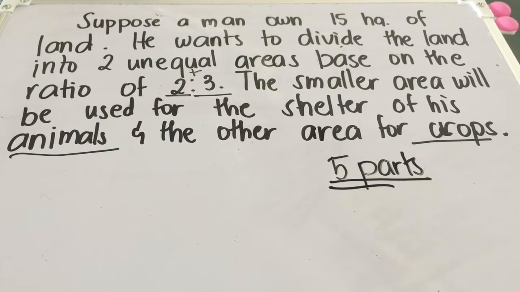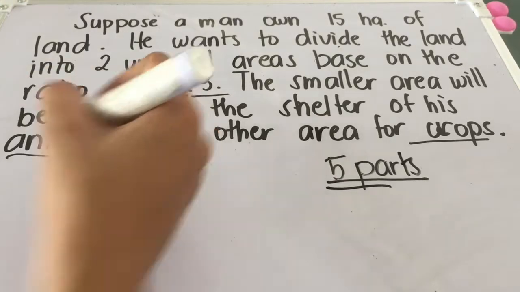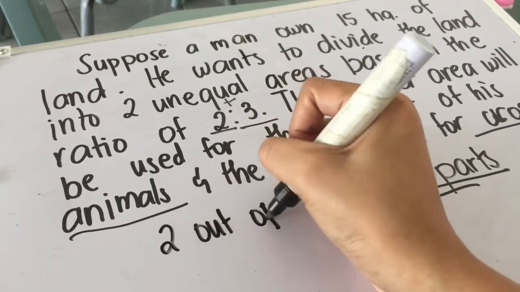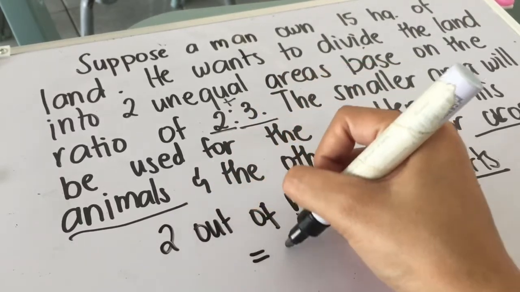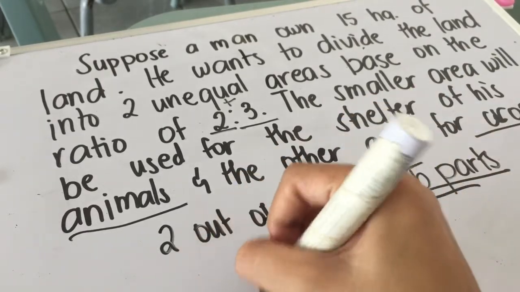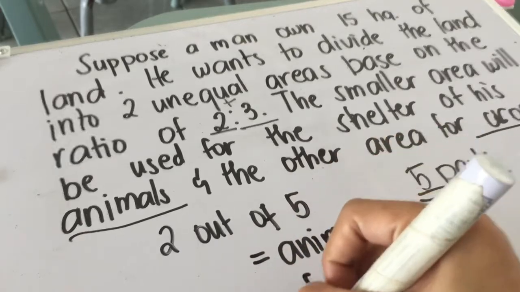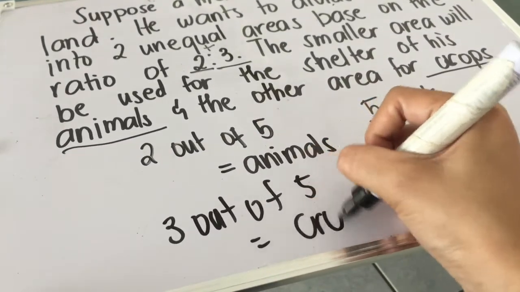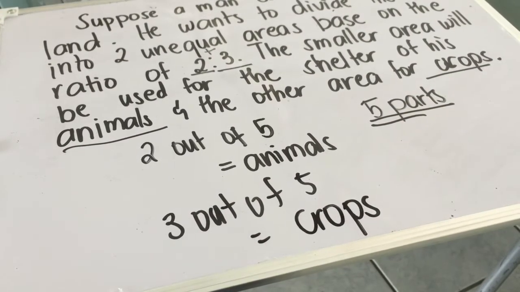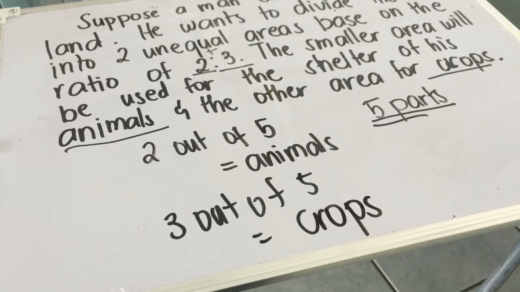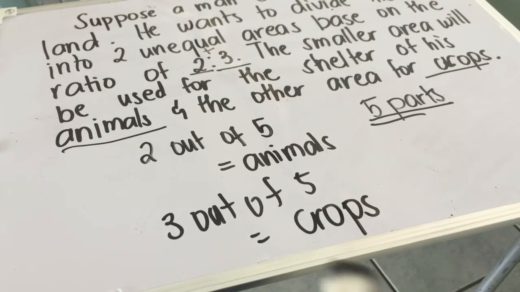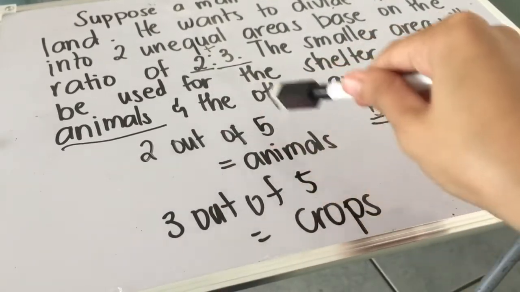So we can also say that 2 out of 5 is for the animals, and then 3 out of 5 is for the crops. To calculate the number of hectares of land for the animals, we just need to find 2/5 of the 15 hectares.